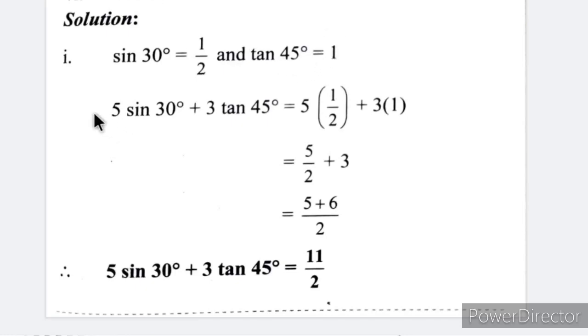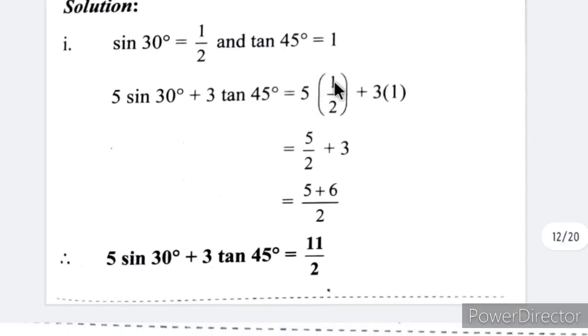So 5 sin 30 degree plus 3 tan 45 degree will be equal to, we will replace the values of sin 30 degree and tan 45 degree. So 5 into 1 upon 2 plus 3 into 1.